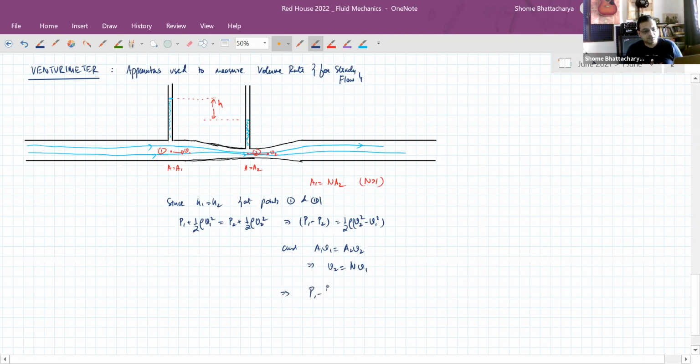So P1 minus P2 is equal to half rho. In fact, what we can do is write this in terms of Q, which is the volume rate. So we can write V1 as Q by A1, and we can write V2 as n times Q by A1.